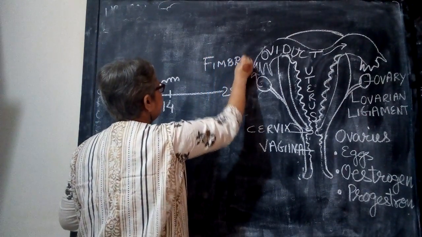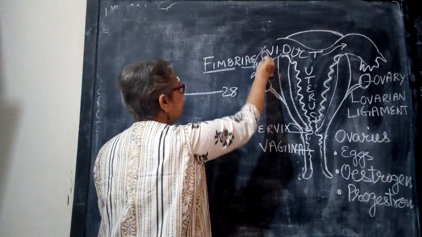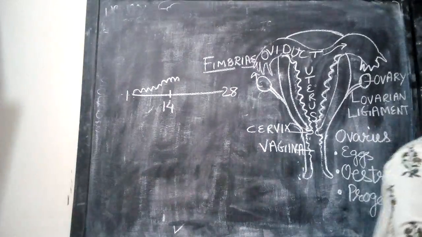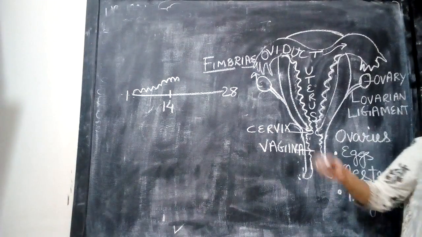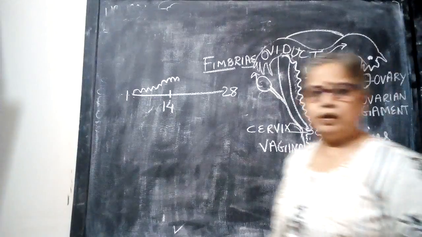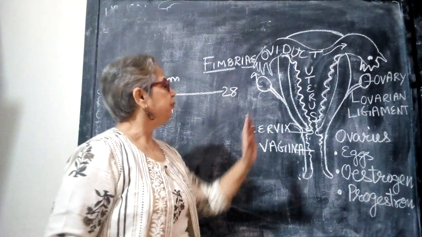So fimbriae catch the egg. The egg is here, and it reaches here. Now the egg has entered the oviduct.